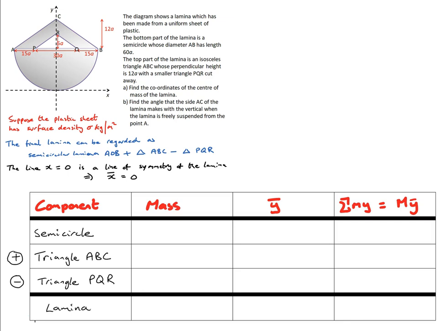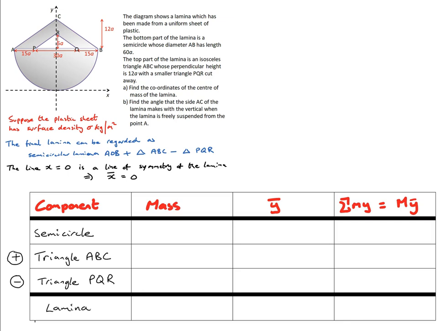Right, we'll start thinking about the laminar. As we said, we can regard the laminar as being the semicircle plus the triangle ABC, then take away the triangle PQR.